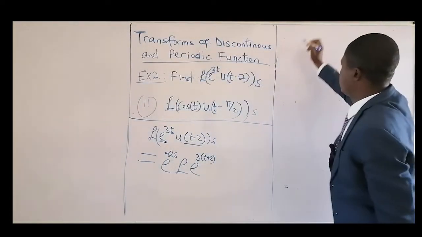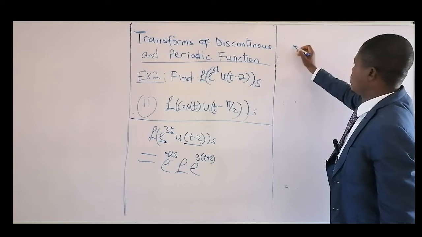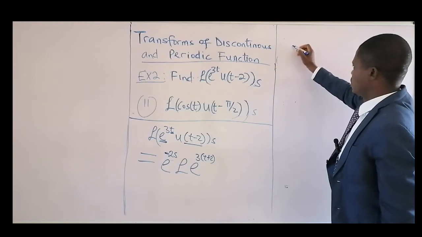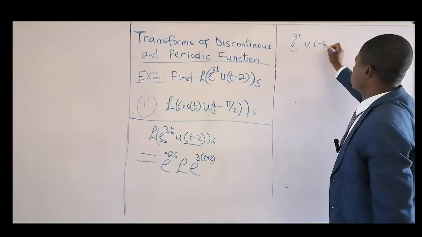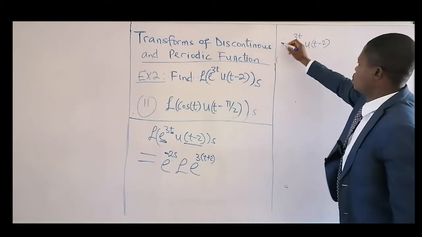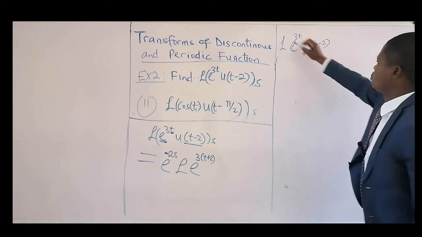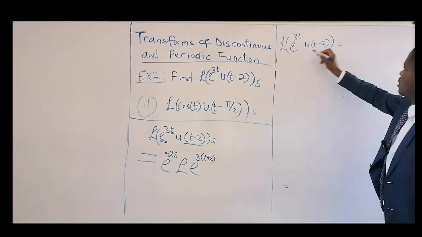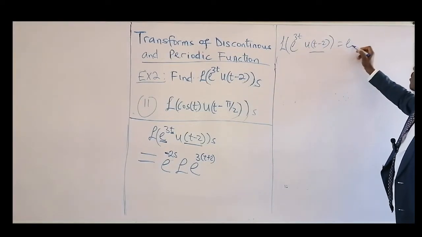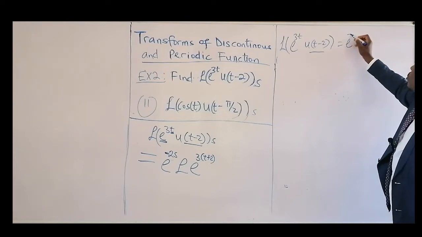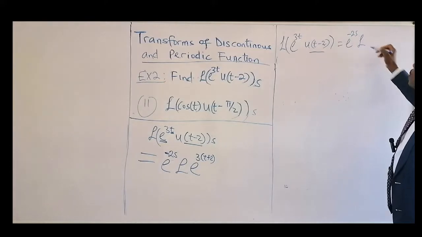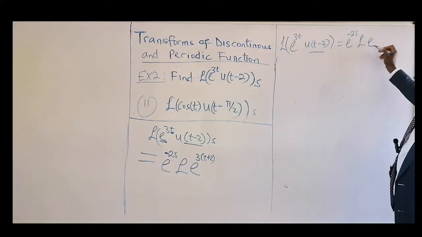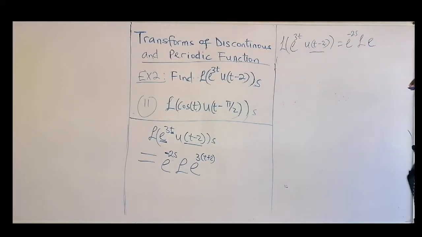I'll explain again. Like this question we have here, e^(3t) with the unit step function u(t minus 2), and you want to do the Laplace of this one. Take the unit step function, and that will generate e to the minus 2s, and then the Laplace of the exponential, which is our f of t.